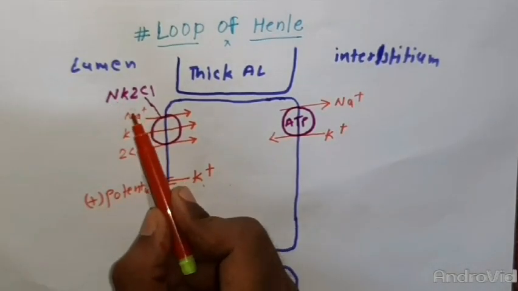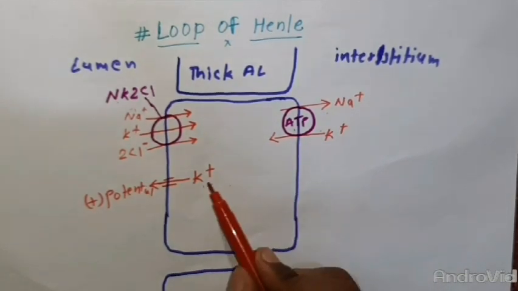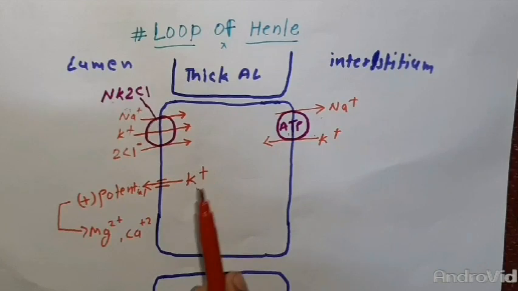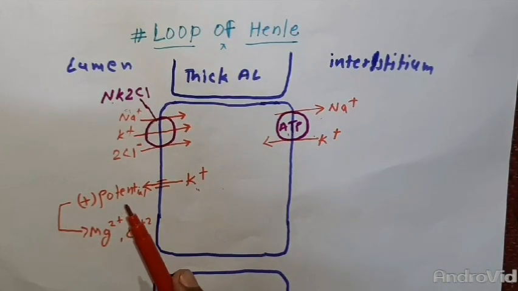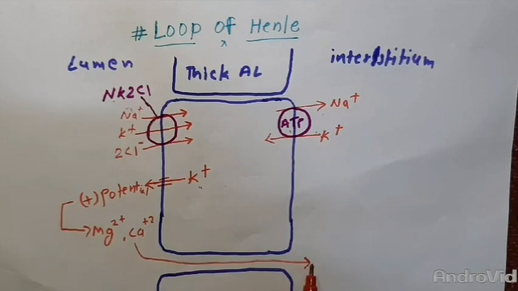This NKCC2 transporter and sodium potassium ATPase pump lead to the accumulation of potassium ion inside the cell. The back diffusion of this potassium into the tubular lumen causes a lumen positive electrical potential that provides a driving force for the reabsorption of cations, including magnesium and calcium, via the paracellular pathway.